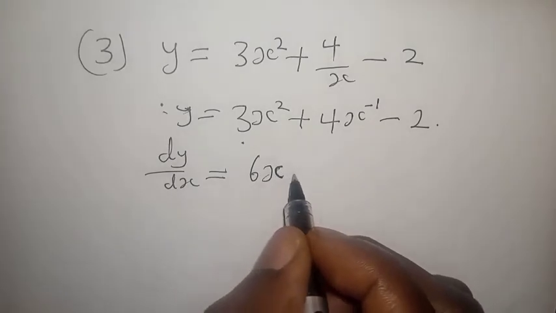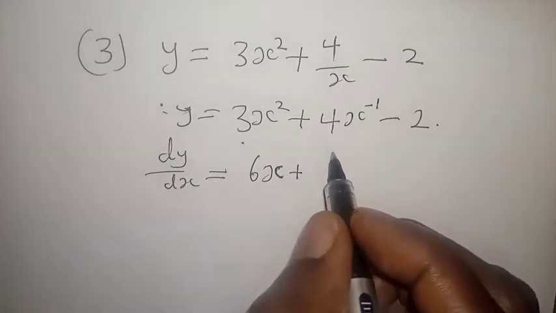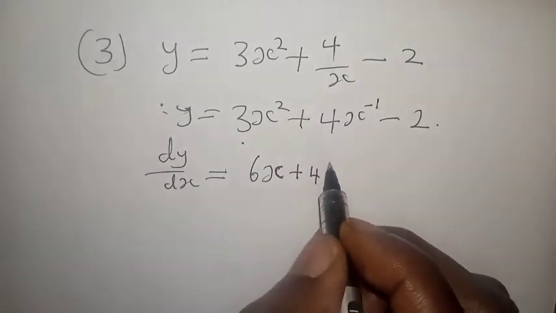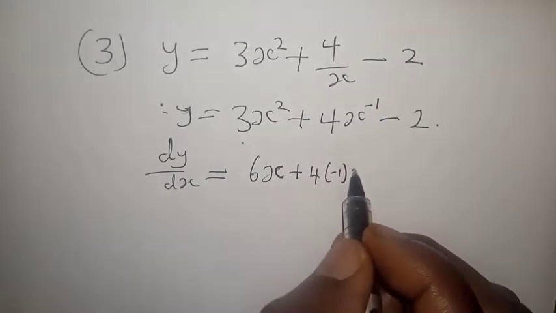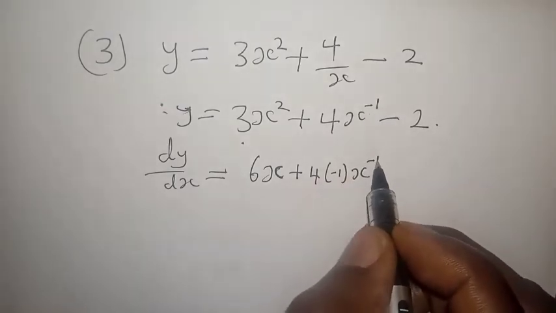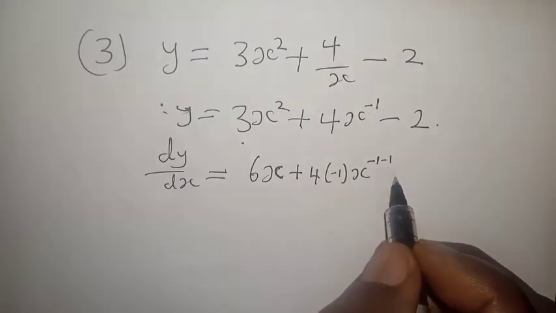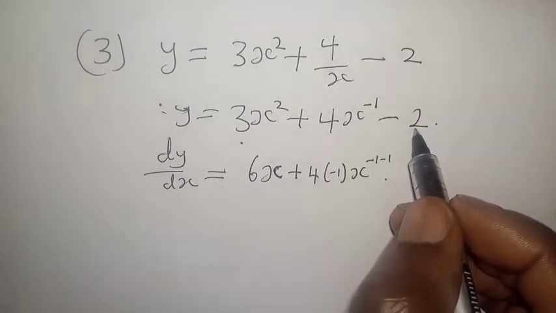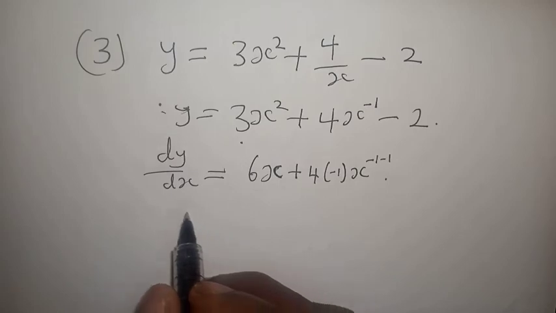That is 6x plus 4 times minus 1, x raised to the power minus 1 minus 1. Then if you differentiate the constant, it's 0.